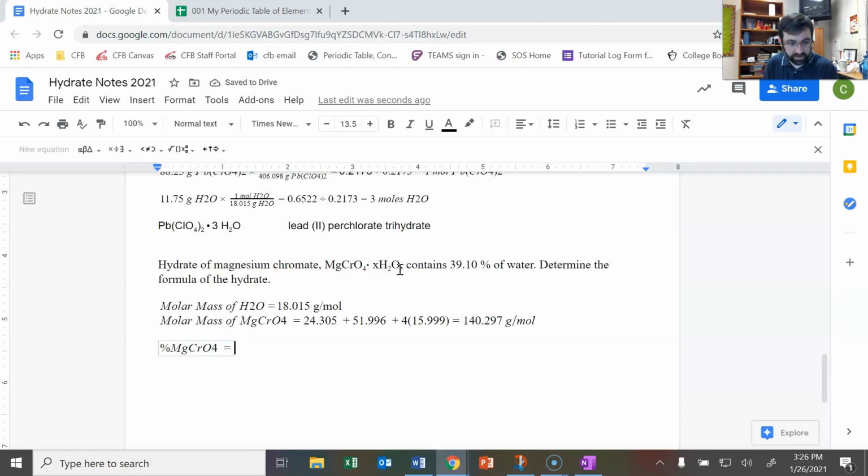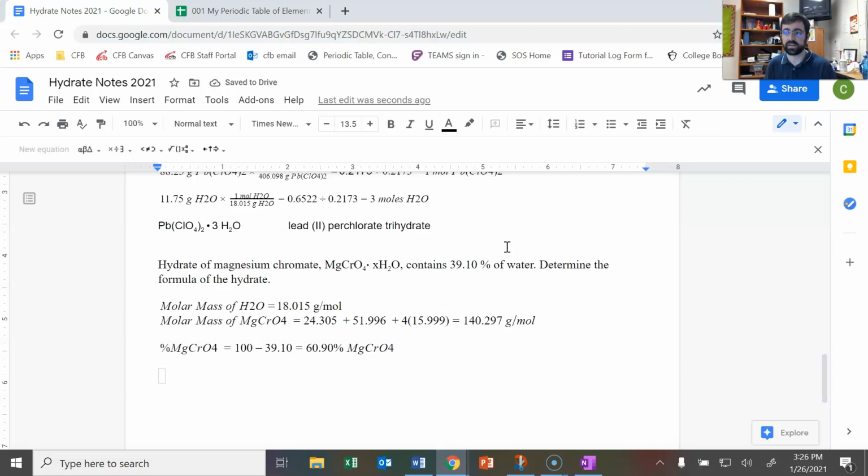So I can say the percent of magnesium chromate will equal 100 minus the percent of water, which was 39.10%. And that gives us 60.90%. Now we've got our percents, and that is percent of MgCrO4.